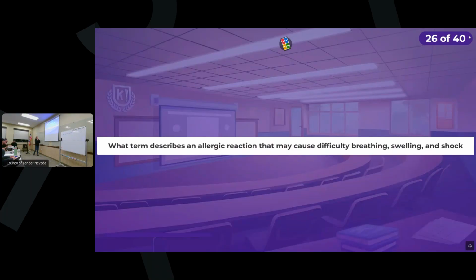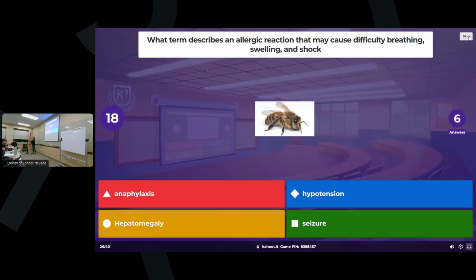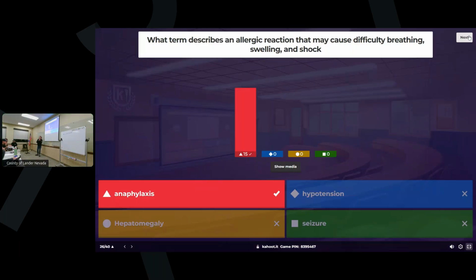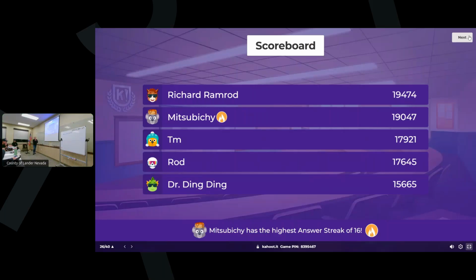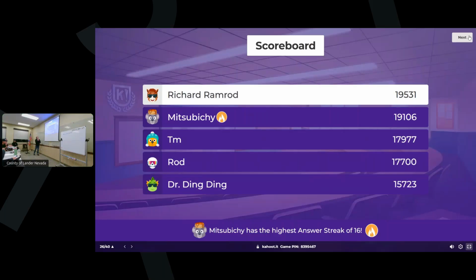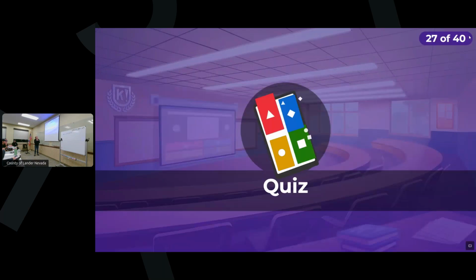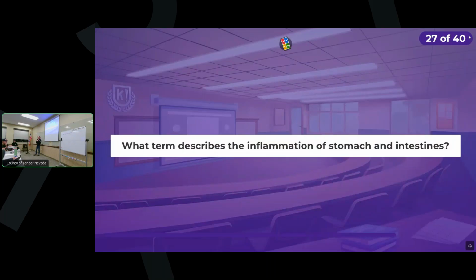What term describes an allergic reaction that may cause difficulty breathing, swelling, and shock? Anaphylaxis, good. I put a B up there because they sent me into anaphylaxis. What term describes the inflammation of the stomach and intestines?